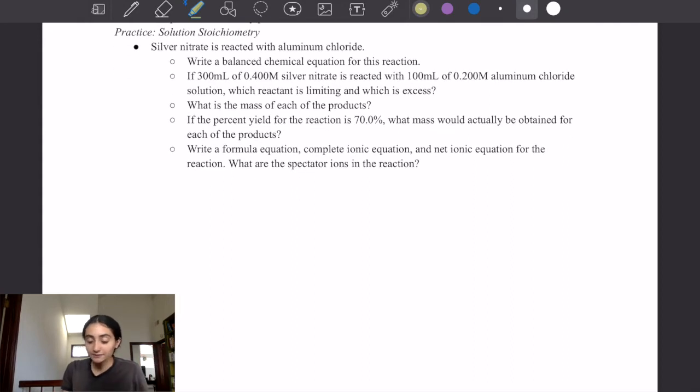Part B, if 300 milliliters of 0.400 molarity silver nitrate is reacted with 100 milliliters of 0.200 molarity aluminum chloride solution, which reactant is limiting and which is excess? What is the mass of each of the products? If the percent yield for the reaction is 70%, what mass would actually be obtained for each of the products? And write a formula equation, complete ionic equation, and net ionic equation for the reaction, and determine what the spectator ions are for the reaction.